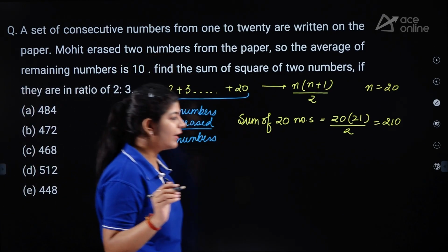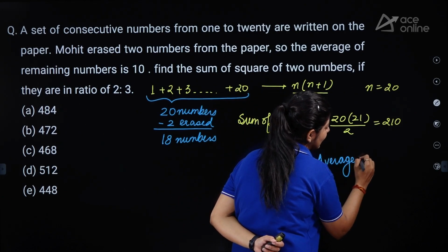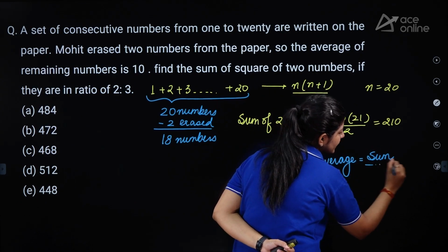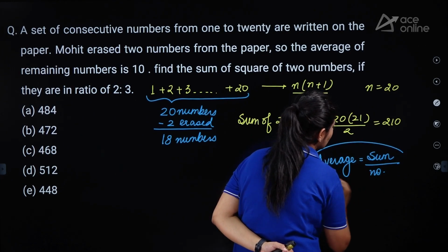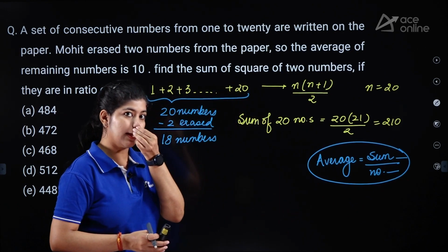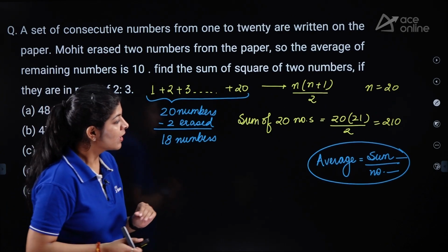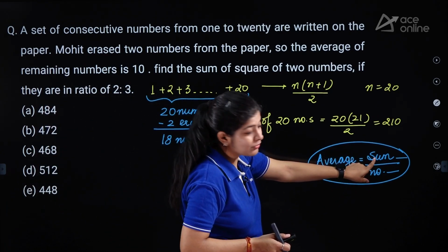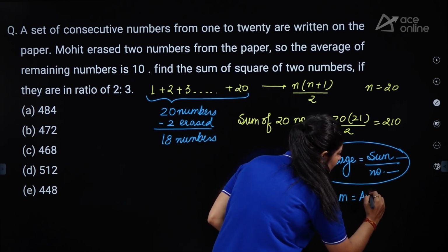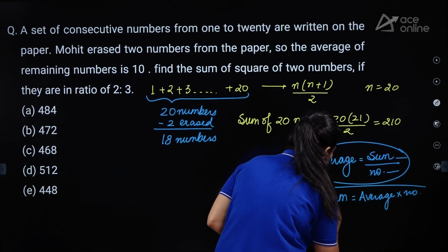We know the concept of average as well. That says that average of any numbers or of any observations is nothing but sum of the observations divided by the number of observations. I'm not going to write it like the complete lines over here, but the formula of average is nothing but sum of all the observations that you are having divided by the number of observations you are having. So if from this formula I have to calculate sum, what I'll do for sum, average into the number of observations, right?